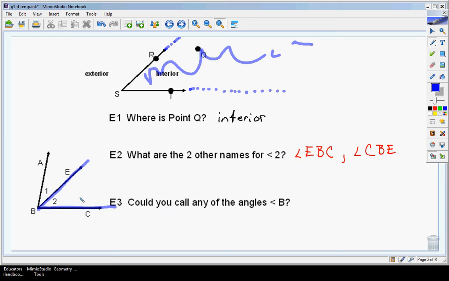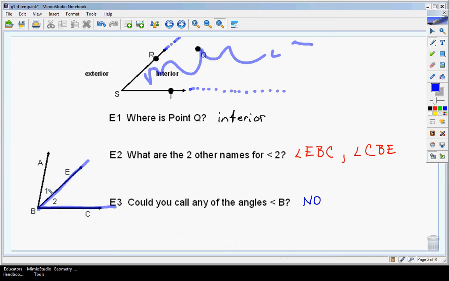Could I call any of these angles angle B? No. In fact, be careful before you answer this question. How many angles are in the picture? You're right, 3.